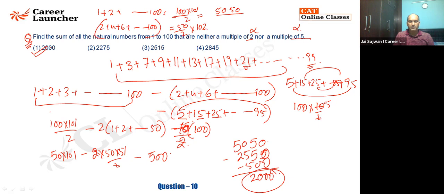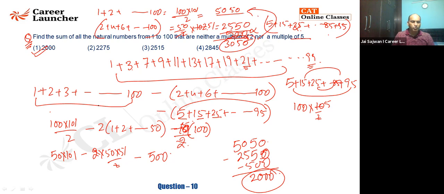And sum of every pair is coming out to be 102. I'll write it as 50 into 51. I will say 2550 is the summation. Then I will separate 5, 15, 25, 35. This goes till 85, 95. The sum of every pair is coming out to be 100, and there are 5 pairs. So 500 more is to be added to this. So 3050 needs to be separated from 5050. So 2000 ही answer आना चाहिए.